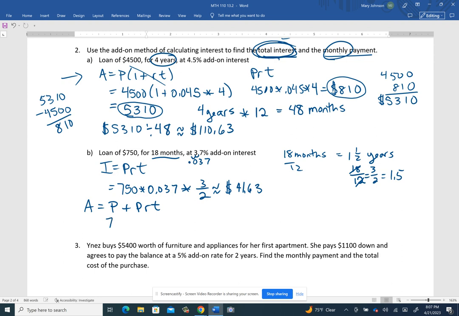Okay, so I could take the $750 plus the $41.63, and that would give me the $791.63 that I would really be needing to repay. Okay, so that would be the total amount I would have to repay.